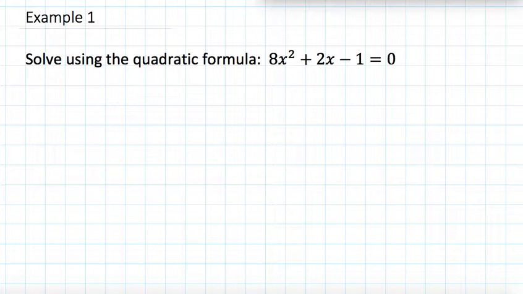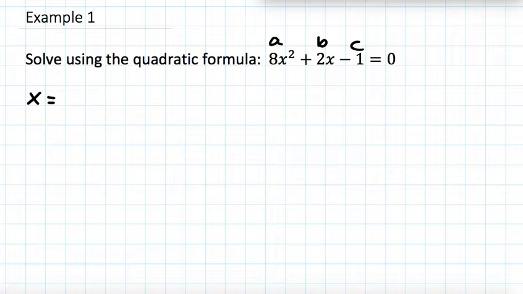It says to solve using the quadratic formula. In this equation, we already have 0 on one side, so that is not something we need to do. We can just move on to plugging directly into the formula. So I'm going to label a, b, and c, and then I'm going to plug in here.